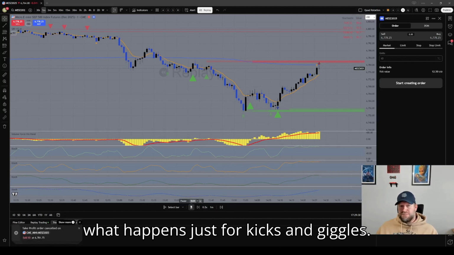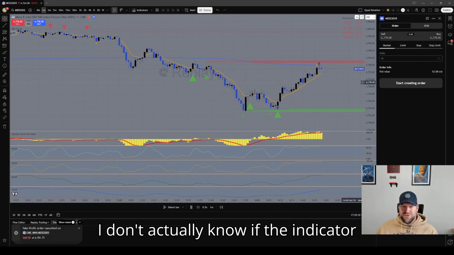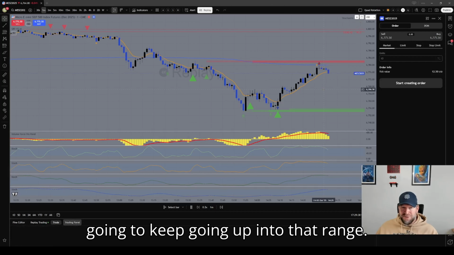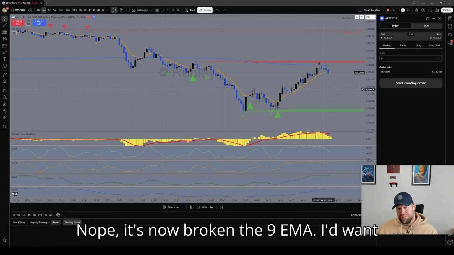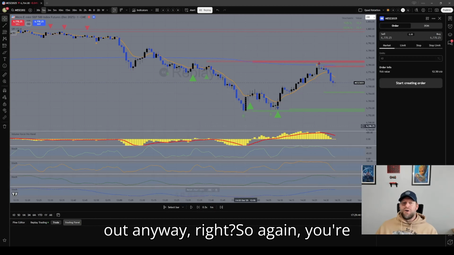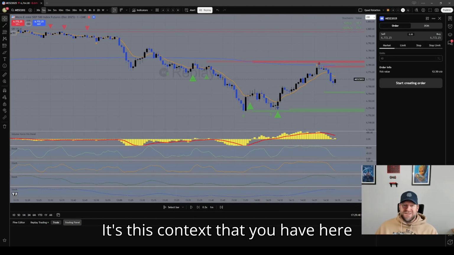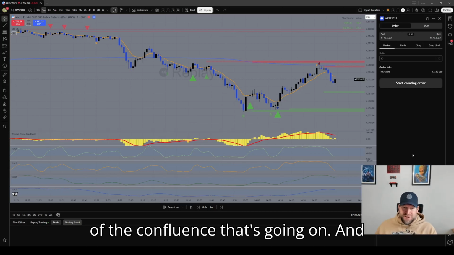And let's see what happens just for kicks and giggles. I don't actually know if the indicator called this ATR correctly or if it's going to keep going up into that range. Nope, it's now broken the 9 EMA. I'd want out anyway, right? So again, you're reading the market every step of the way. It's this context that you have here of the confluence that's going on.